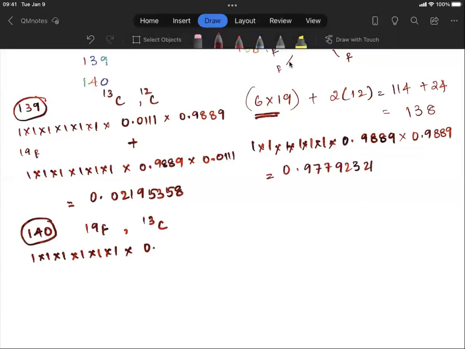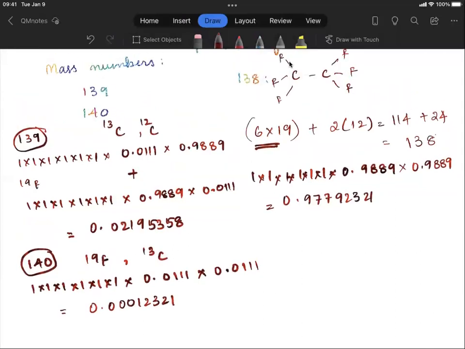So the probability of that would be 0.0111, because that's the isotopic abundance of 13C, and 0.0111. Now this will give the probability of 0.00012321.